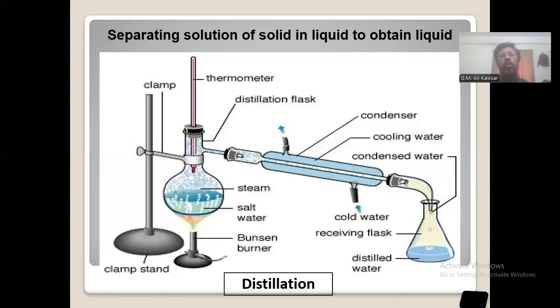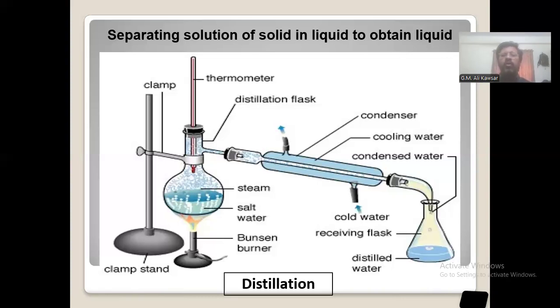Distillation actually is a combination of evaporation and condensation. First, we will evaporate the solution. Suppose the water from the salt solution will be evaporated at 100 degrees Celsius. All the water will be evaporated and it will be injected inside the condenser.